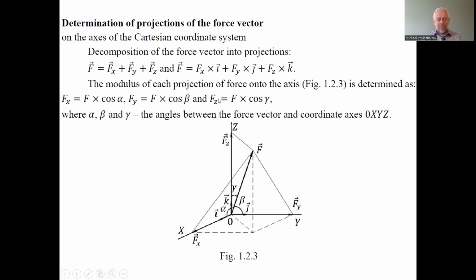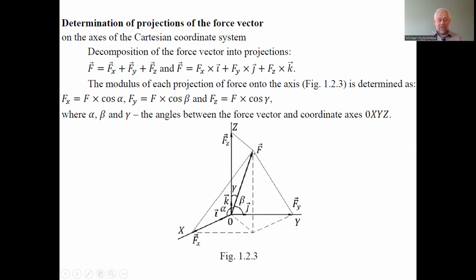The modulus of each projection of the force onto the axes, in this picture 1.2.3, is determined as products. But it's important for this explanation that we use the concept of directed angles of the force related to the coordinate system. So alpha, beta, and gamma are the angles between the force vector and each of the axes of the coordinate system. Alpha is between the force and the x axis, 0x.